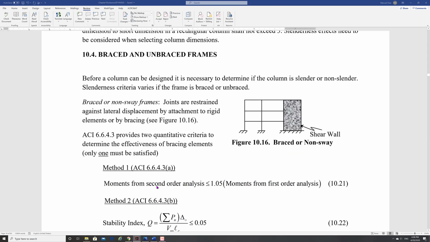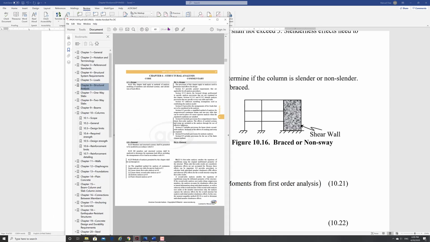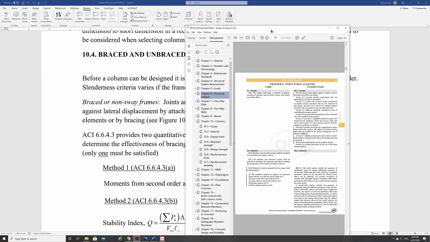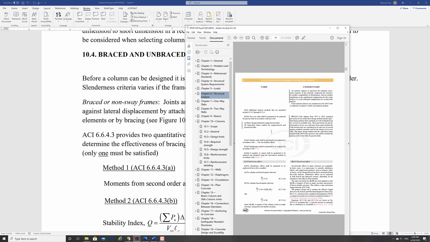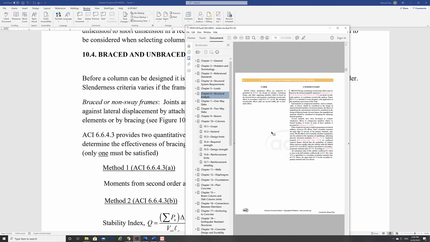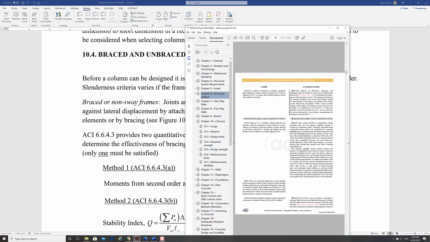Okay. Method 1 in ACI 6.6.4.3a. So now we're looking at section 6. See, that's what it says, analysis. Remember I told you that you had to look at the analysis? So in the analysis, we're going to go to this section. So notice here, some of you may be looking at this and thinking, oh, I've seen that before. So 6.6.4.3 is coming here.